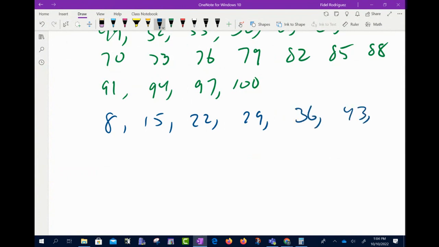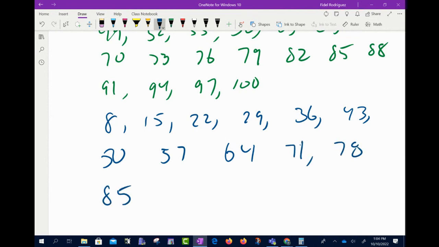Add 7, 43, 50, 57, 64. Add 7 to that is 71, 78, 85. Add 7 to that is 92. And add 7 to that is 99.